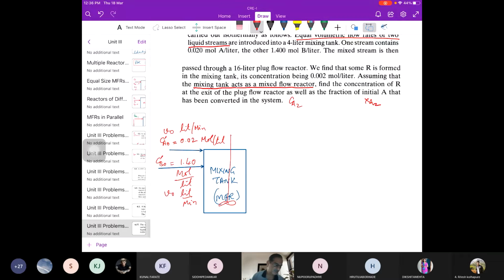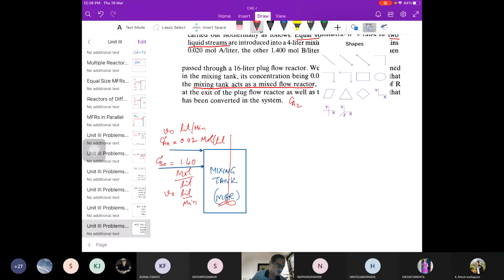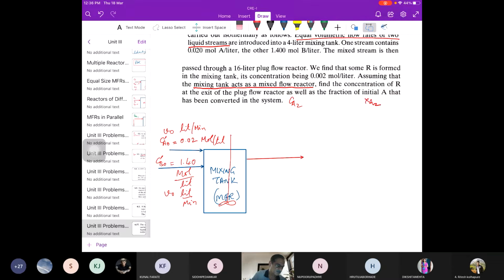It is used for mixing these two liquid streams. And then what we get out of here is one stream which will have some Ca1 and Cb1.